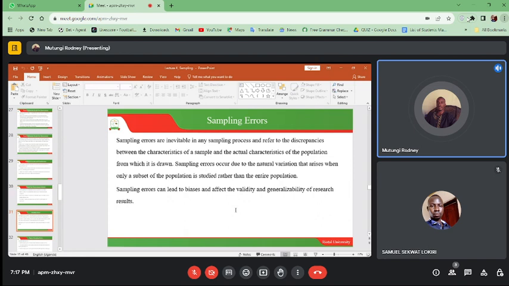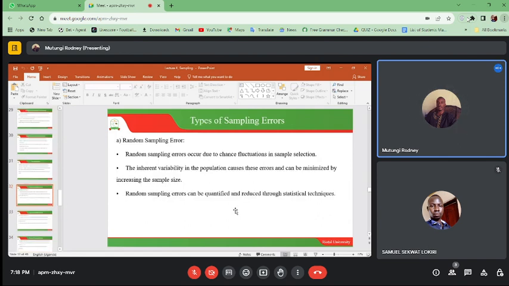Like we said, we cannot reach the entire population. We are only able to reach a subset, which we are calling a sample. And when we do that, these sampling errors are always going to come in. They are just inevitable. So they can lead to biases, and this will affect the validity and generalizability of the research results.